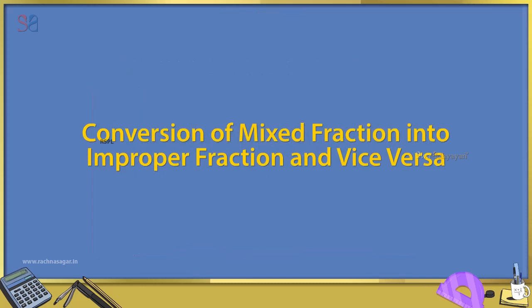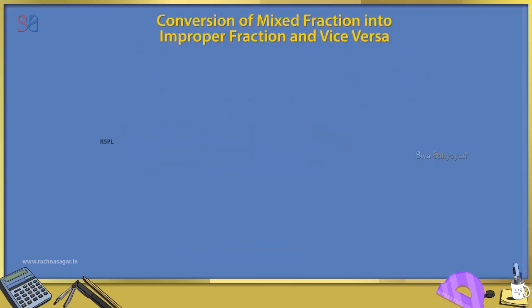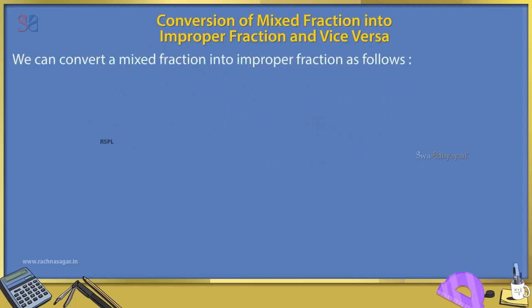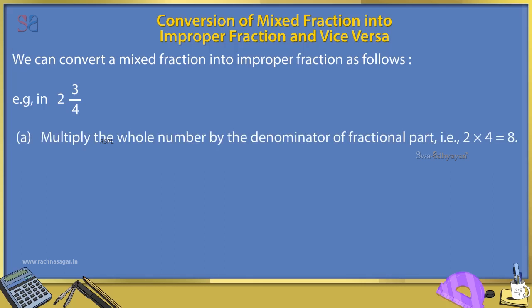Conversion of a mixed fraction into an improper fraction and vice versa. We can convert a mixed fraction into an improper fraction as follows. Example, in 2 and 3 by 4, A. Multiply the whole number by the denominator of the fractional part, that is 2 multiplied by 4 is equal to 8.